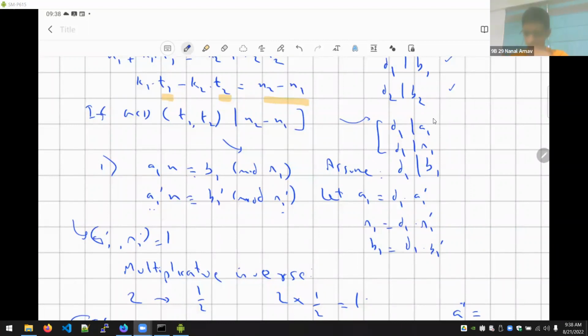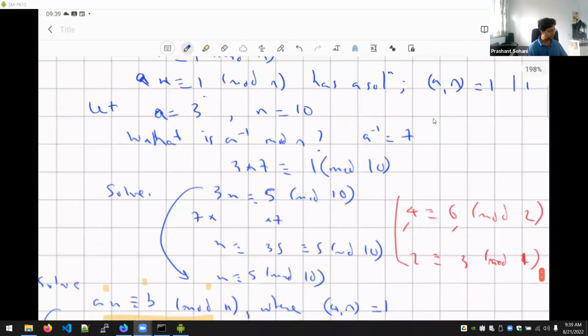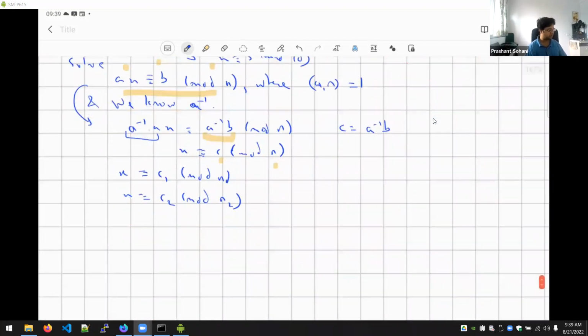So basically it's a two-step simplification. First, you get rid of the GCD to get this kind of equation where these two are co-prime. And the second simplification is now you multiply with the inverse to get rid of the a1 dash also. At the end we'll see an example where you put all of these things together.